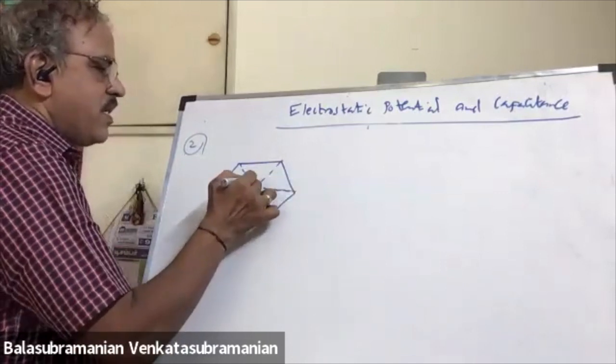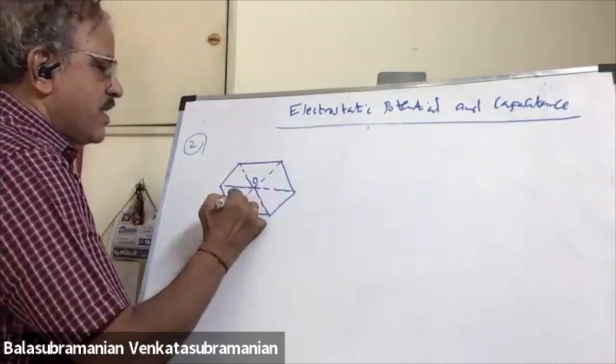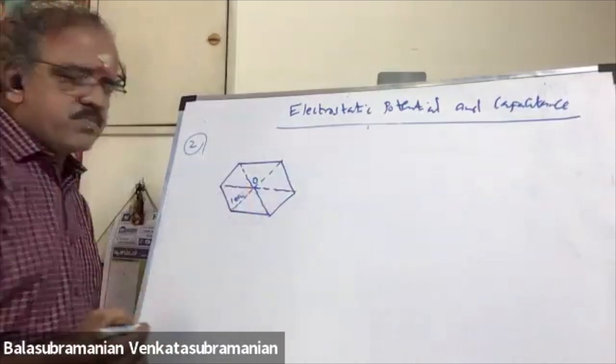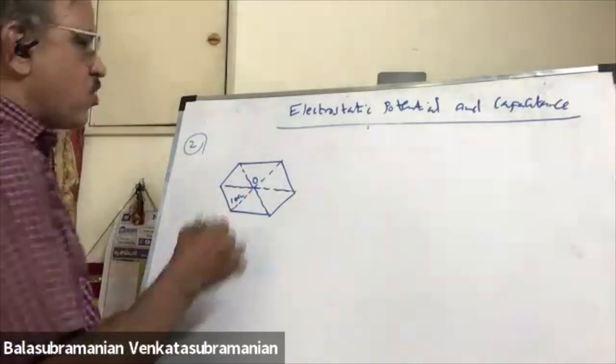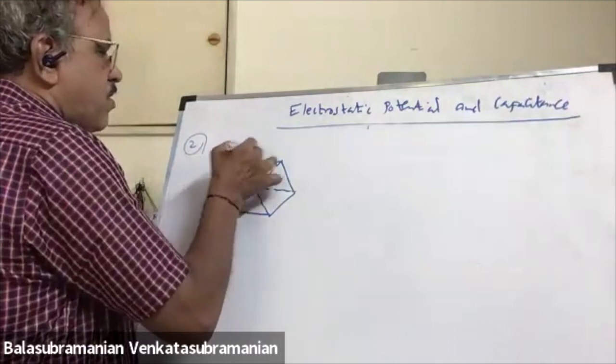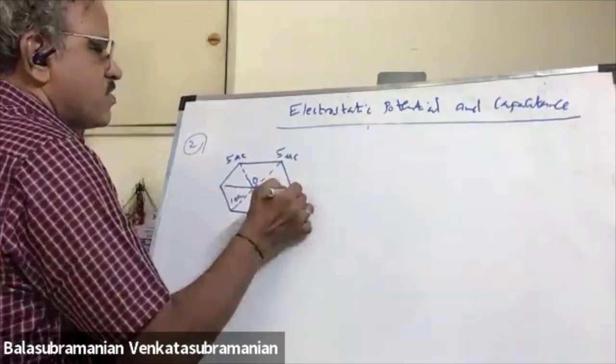At the center, the distance is 10 centimeter. Charge 5 microcoulomb everywhere on the vertices.